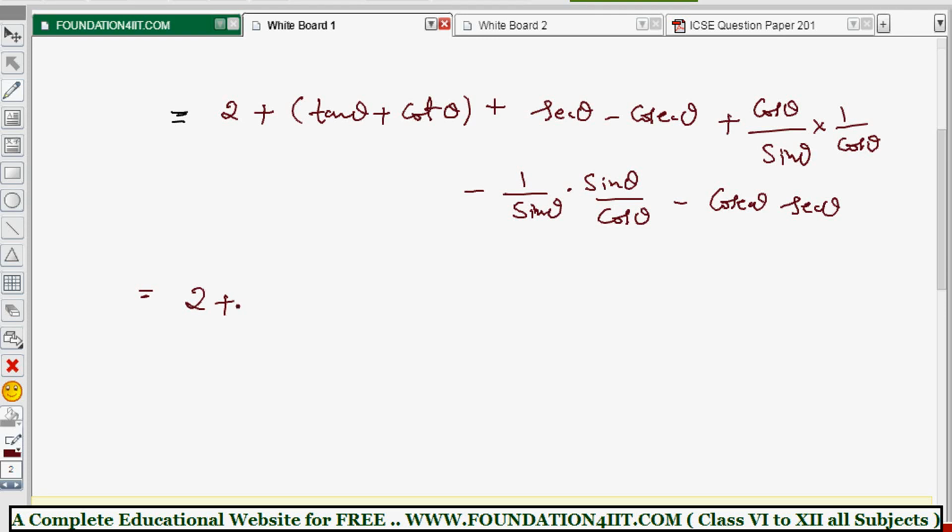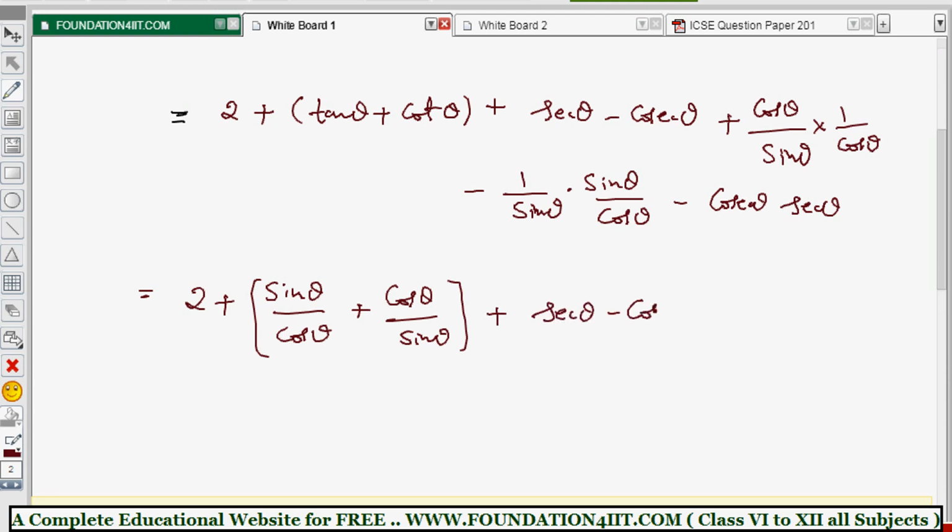So 2 plus tan θ, that is sin θ by cos, and cot is cos θ by sin θ, let these two be together, plus sec θ minus cosec θ plus, here cos into cos gets cancelled, 1 by sin, so 1 by sin is cosec θ, minus, here sin gets cancelled, 1 by cos is sec θ, right, minus cosec into sec.